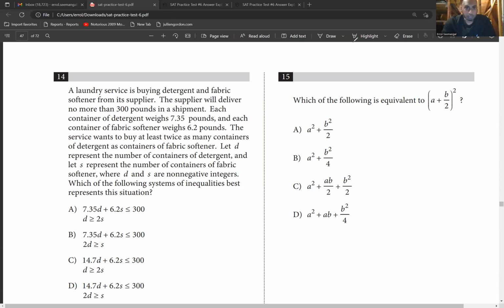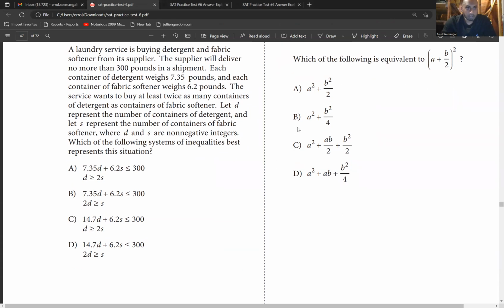All right. So which one? A, B, C, D. The laundry service is buying detergent and fabric softener from its supplier. The supplier will deliver no more than 300. So no more than 300. What does that mean? What's this part of the equation? Less than or equal to. No more than, which is all of them. Okay, that doesn't help us.